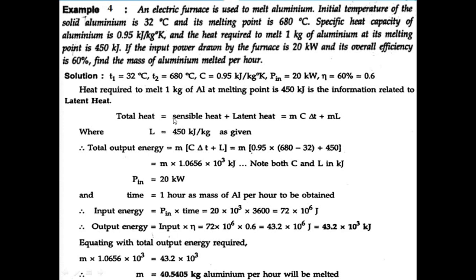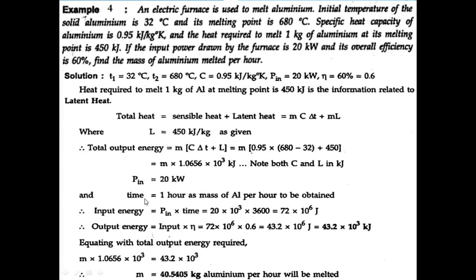We have to find out the total heat, sensible plus latent heat, and this 450 kilojoules for 1 kg means this is the specific latent heat, that is mass into L. L is 450 kilojoules. So total heat is sensible heat plus latent heat. Then the total output energy. M is not given, we have to find out the value of M.